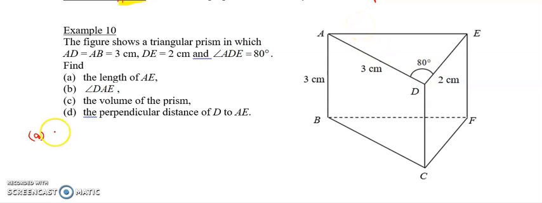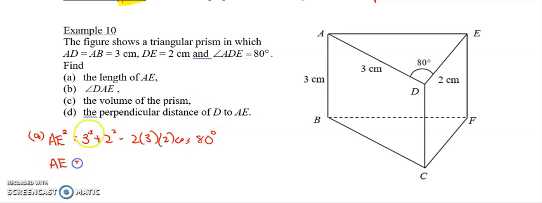So we can only use the cosine rule to find AE. AE squared equals 3 squared plus 2 squared minus 2 times 3 times 2 cosine of 80 degrees. To find AE, we take the square root of the calculator value that we get here, which is 10.91.